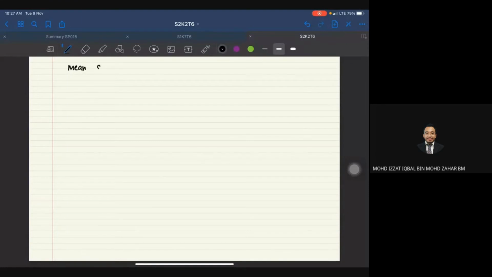Mean square speed. Okay, mean square speed ni, dia basically take each individual molecules punya speed and then they take the square. So you have, let's say, v1 square plus v2 square plus whatever that is, and vn square. Contohnya kamu ada container.